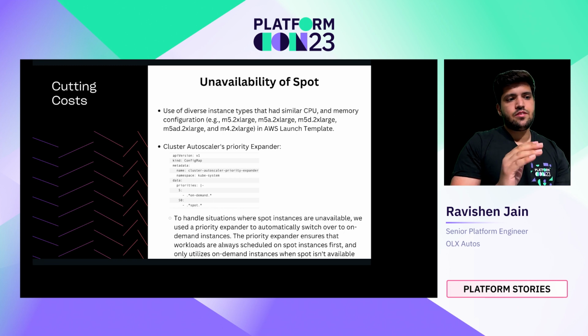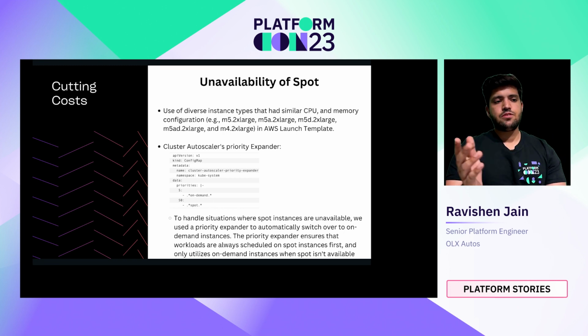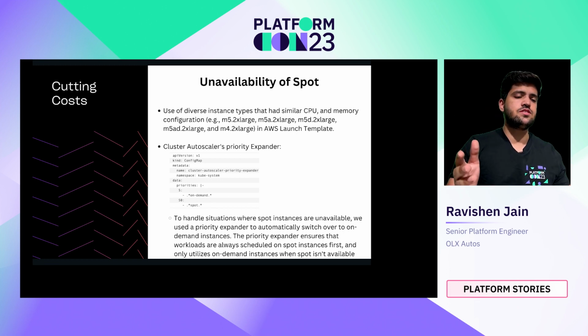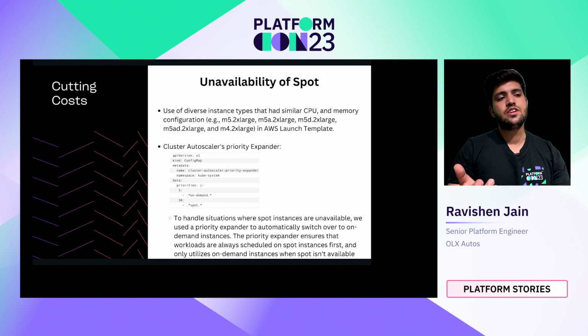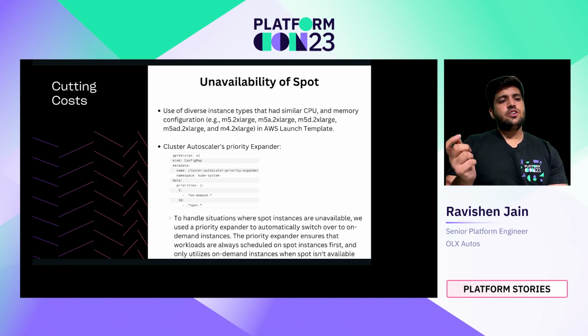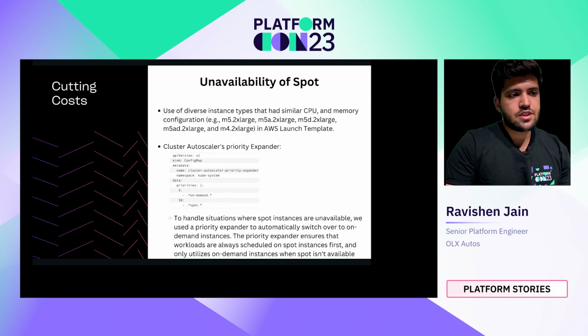So here, let's say all of the 2x large of different series I have included, for example M5, M5A, M5D. So we could include a bunch of these instances inside a single launch template. So if M5 2x large isn't available, we could switch over to M5A 2x large, right?